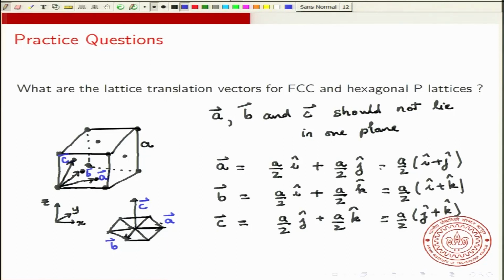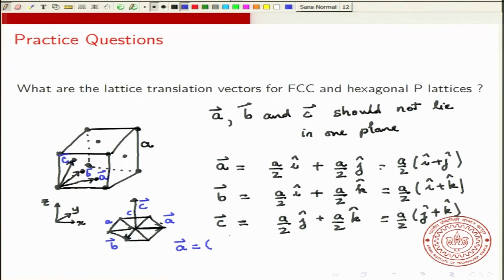These would be the primitive translation vectors. Let me define this side as a and the other direction as c.